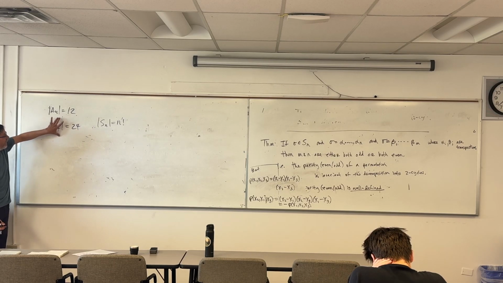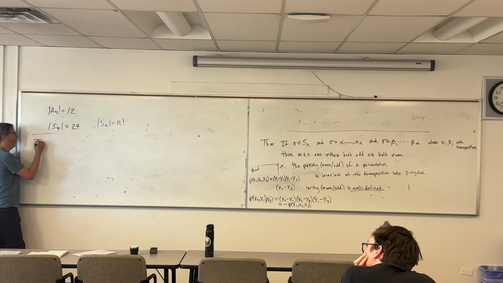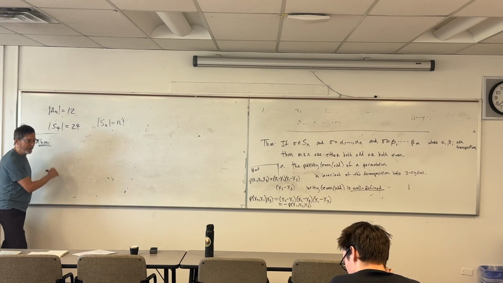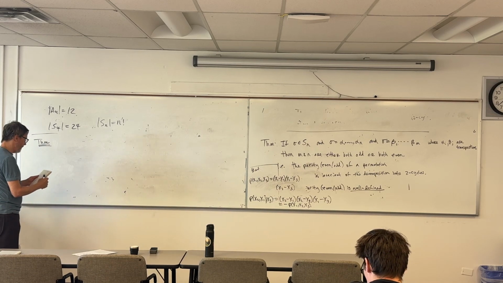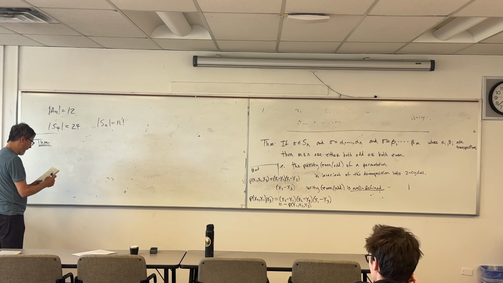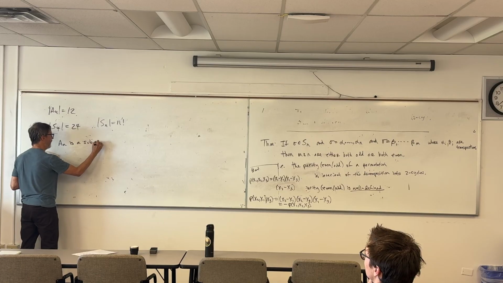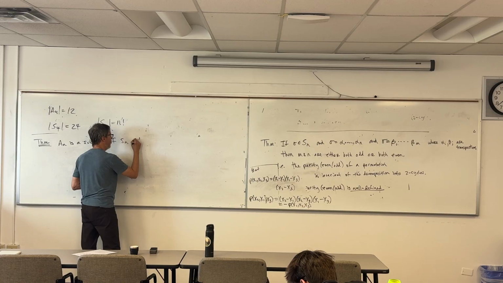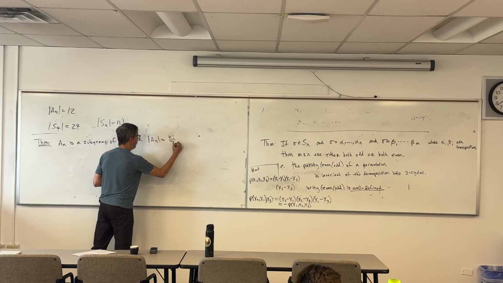And what I want to prove, actually, is the theorem that says... what's the nice wording for it? Okay, here, we'll just go ahead. A sub n is a subgroup of S sub n, and the order of A sub n is n factorial over 2.